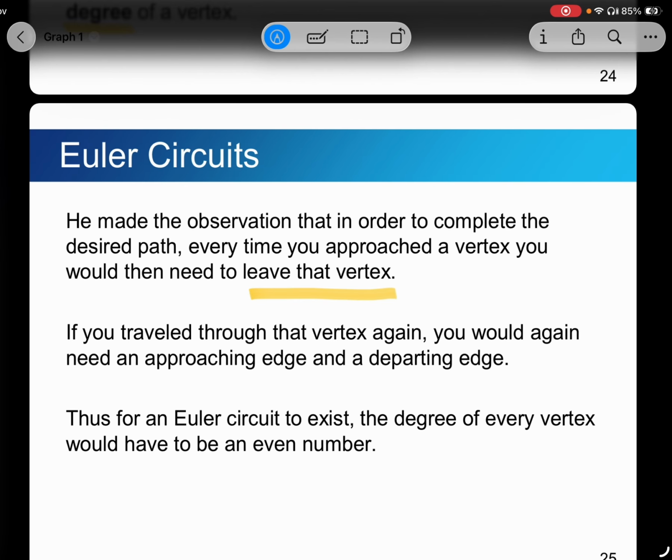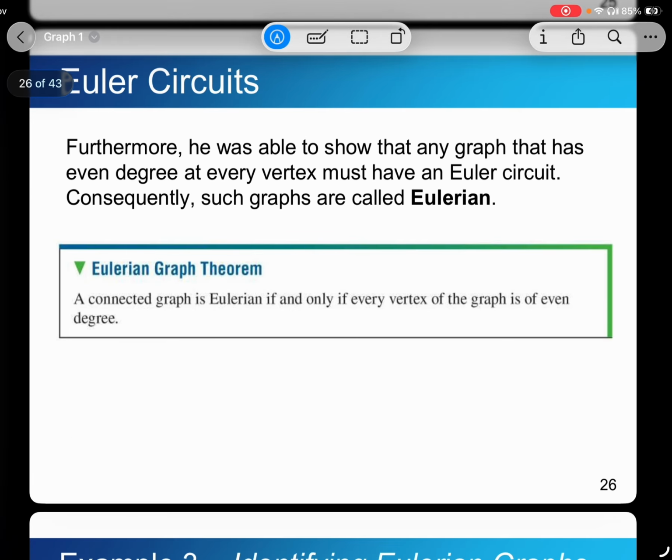If you travel through that vertex again, you would again need an approaching edge and a departing edge. Thus, for an Euler circuit to exist, the degree of every vertex would have to be an even number. Furthermore, he was able to show that any graph in which every vertex has even degree must have an Euler circuit.